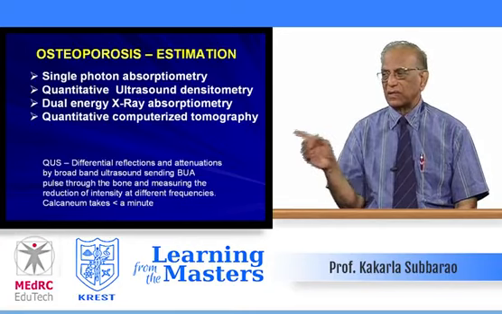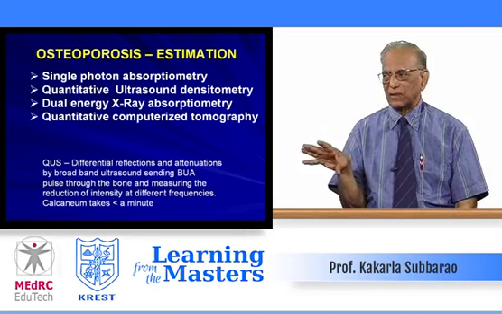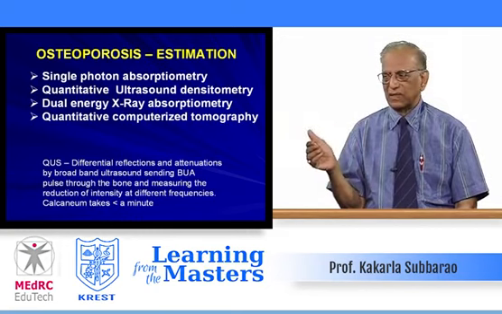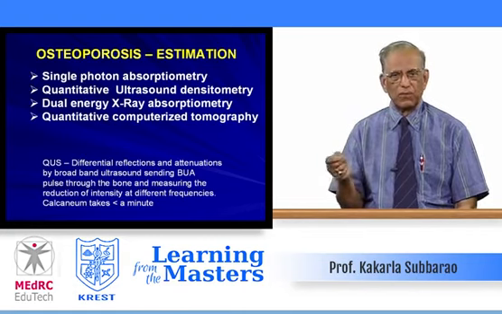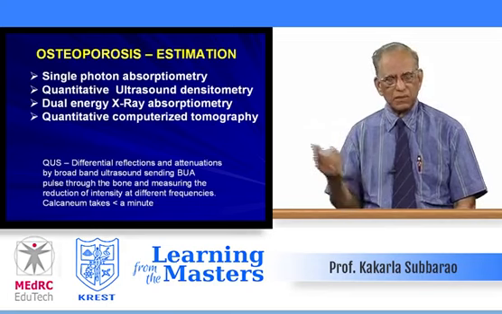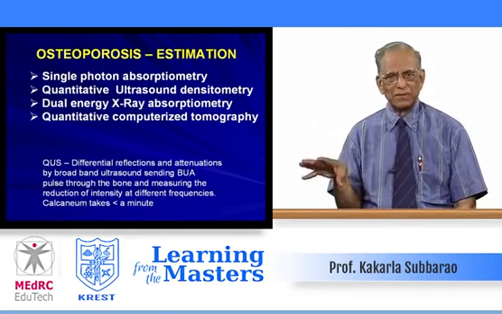Differential reflections and attenuations by broadband ultrasound attenuation, BUA, sending a pulse through the bone and measuring the reduction of intensity at different frequencies. Calcaneum takes just about a minute to perform. People think of it as time consuming, but it is just a minute. Preferably calcaneum, and you can do quantitative ultrasonography.